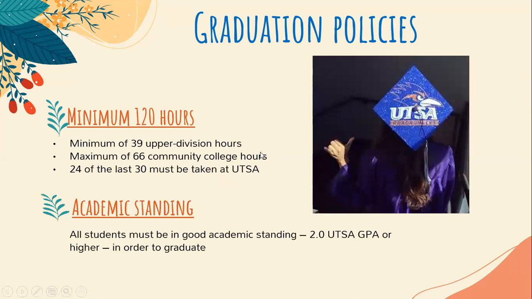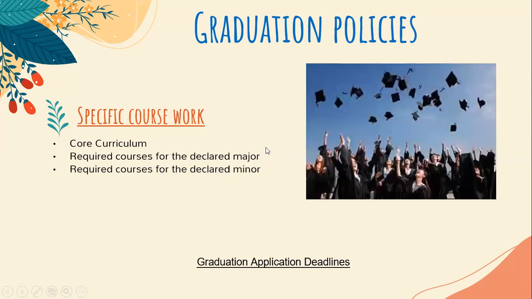Additionally, all students must be in good standing in order to graduate from UTSA. So a 2.0 UTSA GPA or higher is mandatory in order to have the degree conferred. Now, of those 120 hours, it's not just any 120 hours.